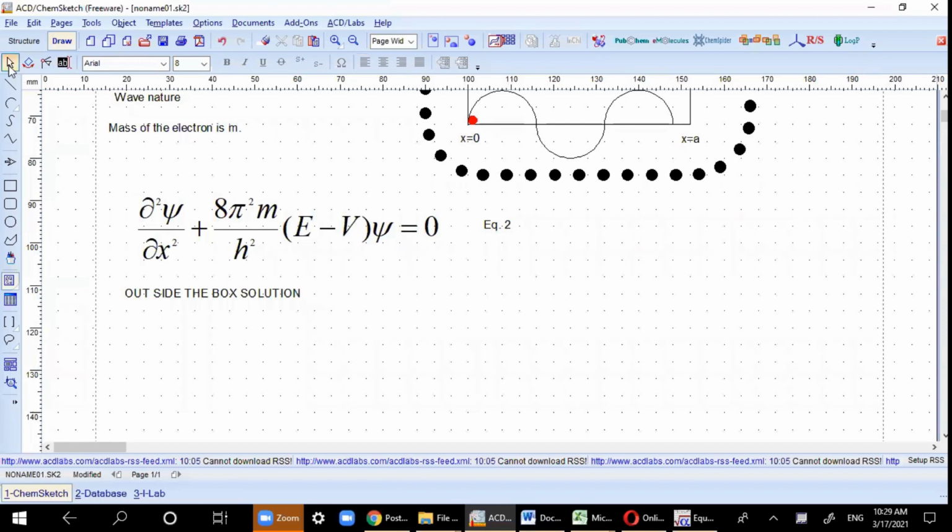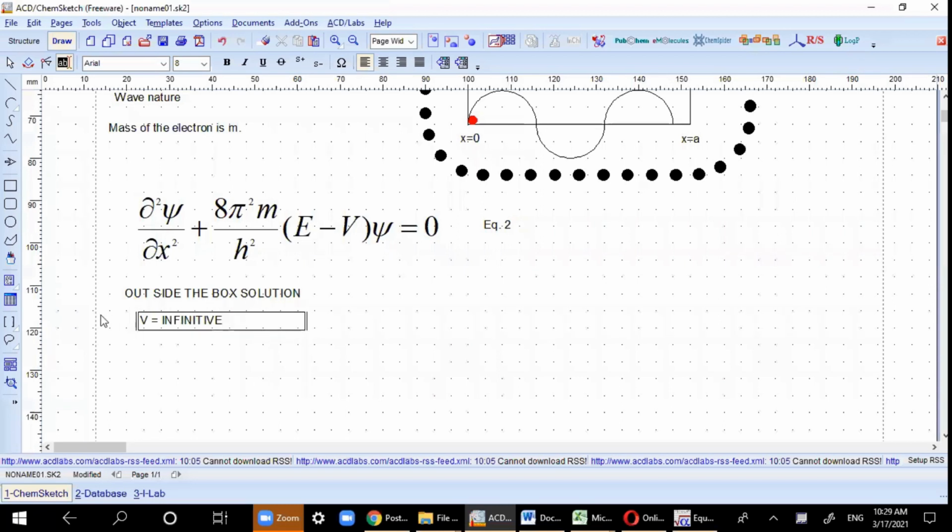That means in the term E minus V, if we substitute V equal to infinity in equation 2, the entire thing will become infinity. That term is a huge term, infinity into psi.